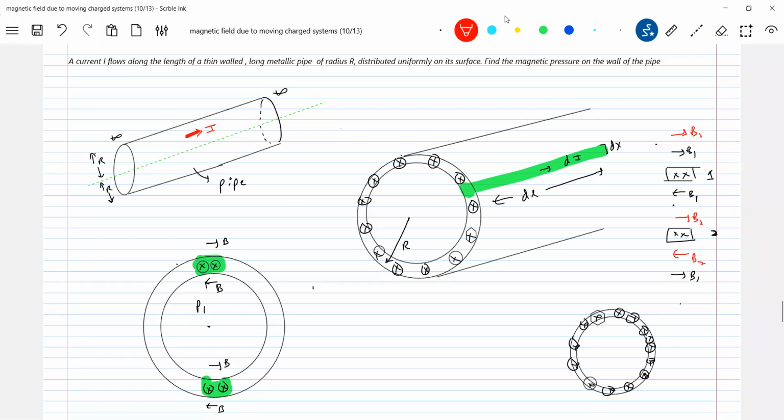And I'll assume an Amperean loop, let it be like this. The total current enclosed is I. And let me take a dl here.